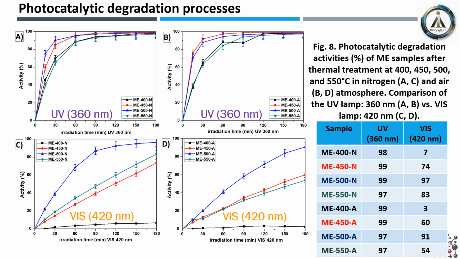Furthermore, the process of thermal treatment in nitrogen or air at temperatures ranging from 400 to 515 degrees Celsius, involving a mere 30 minutes holding period at the selected temperature, is also worthy of mention.